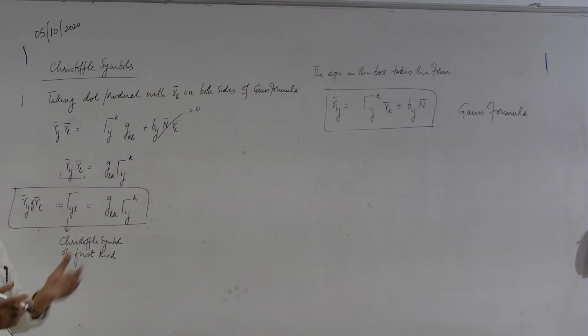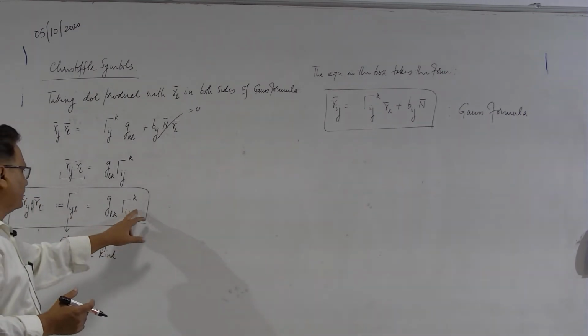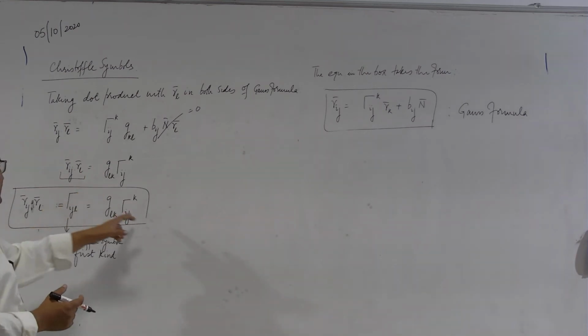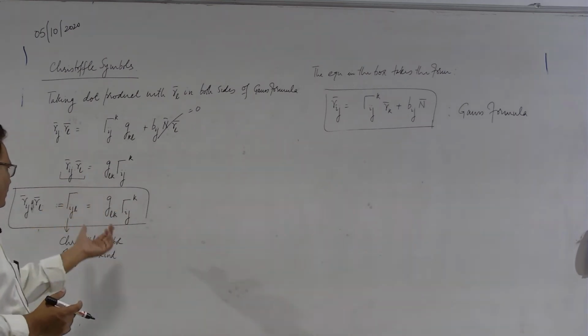So, both the Christoffel symbols are related to each other. If you want to know the Christoffel symbol of second kind in terms of Christoffel symbol of first kind, that can be done.